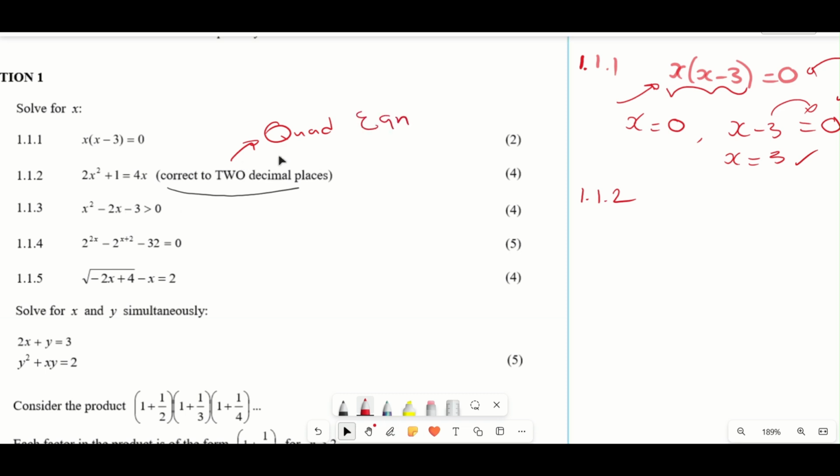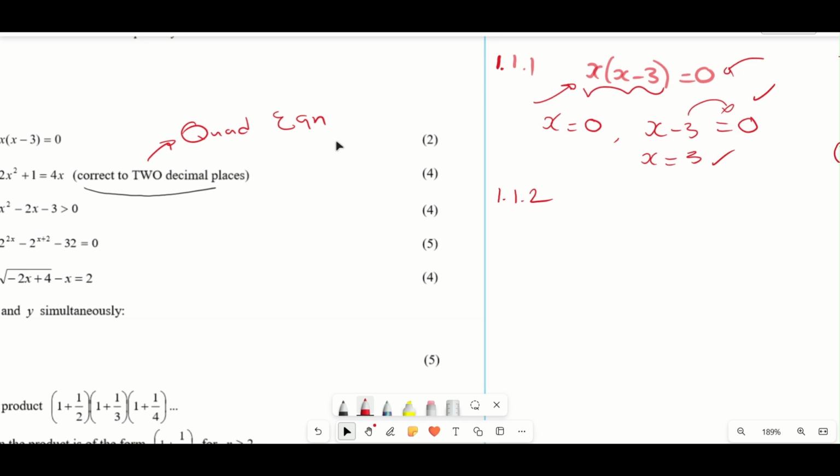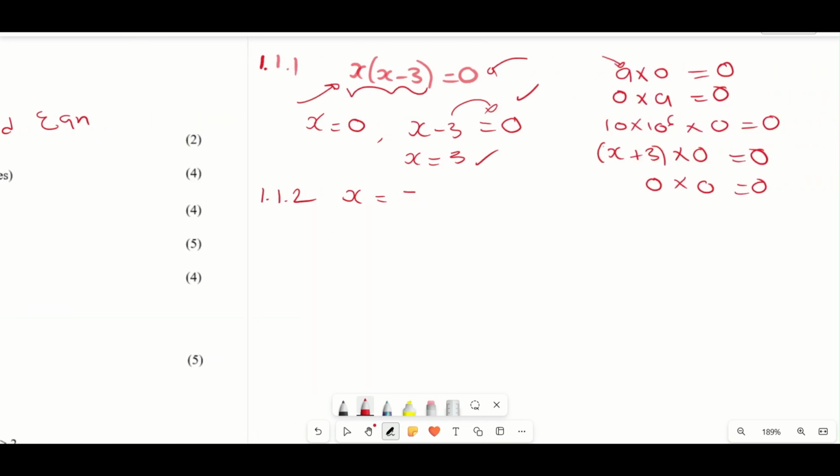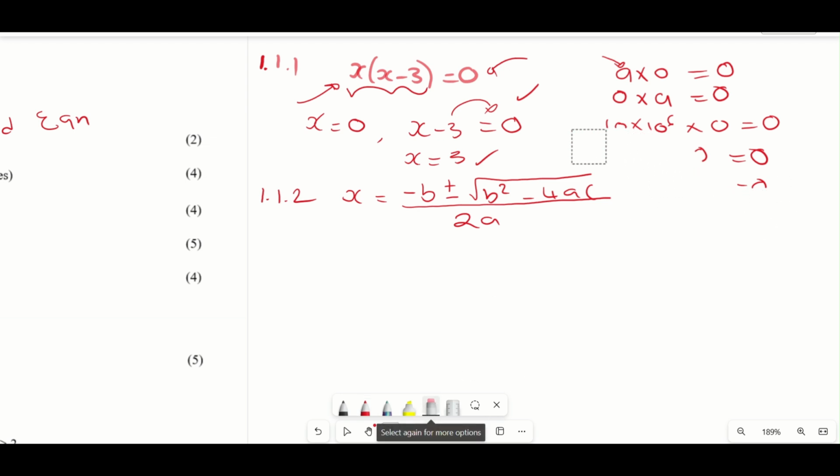We know that the quadratic formula is given as x is equal to negative b plus or minus the square root of b squared minus 4ac, all divided by 2 times a.